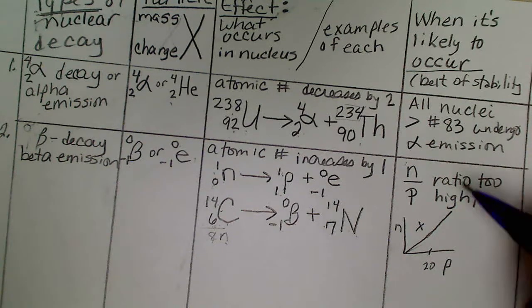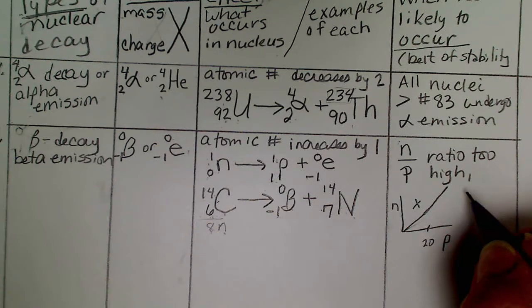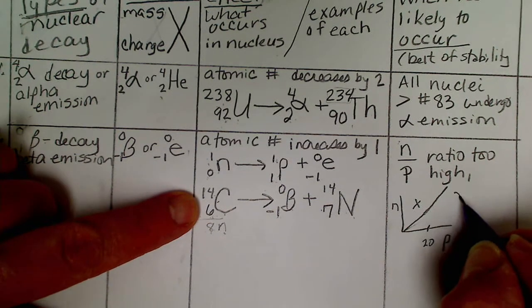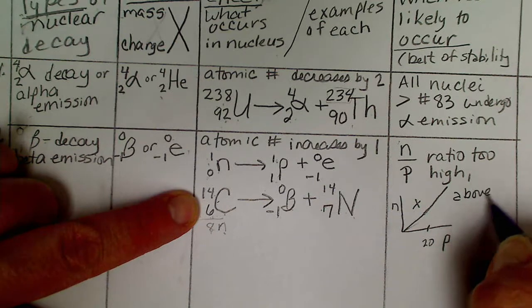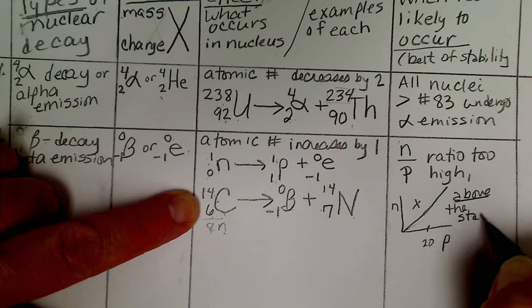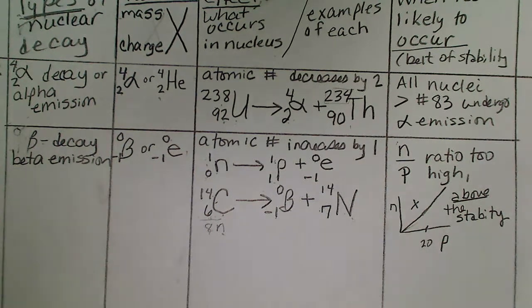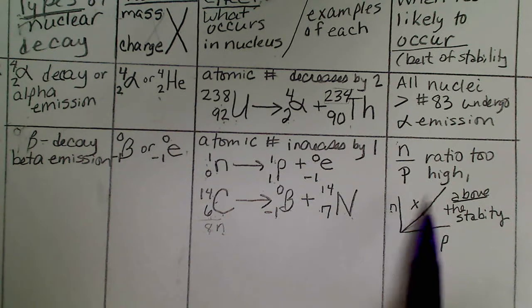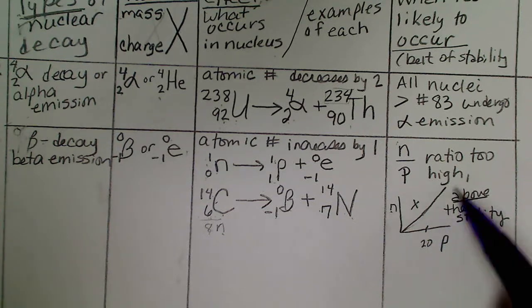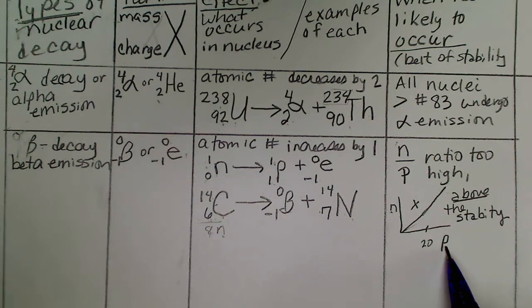Another way of stating the neutron to proton ratio is too high is stating that this isotope is above the belt of stability. So this is really like simple algebra when you're learning graphing. So this stands for the y-axis, the neutrons. So too many neutrons means we're above this belt of stability. Protons will always be the x-axis.